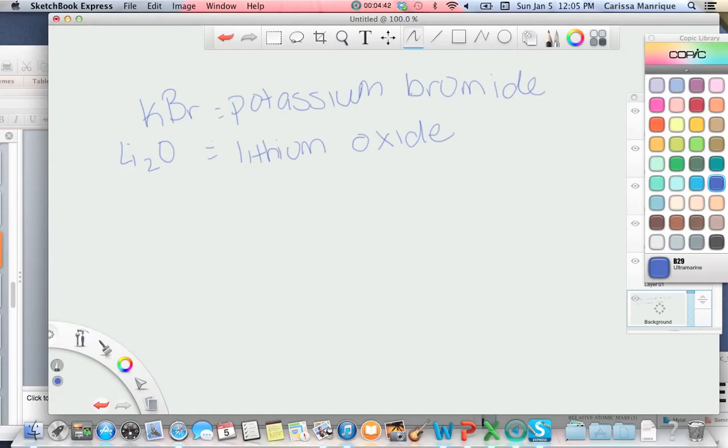Let's do another one. MgCl2. That would be magnesium, and then Cl is chloride.